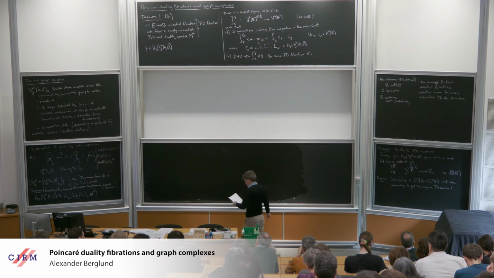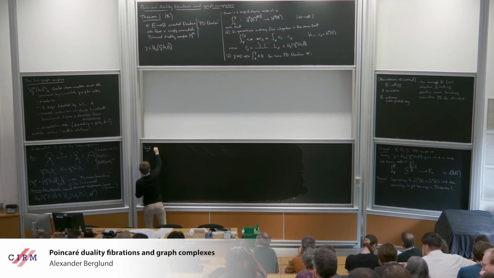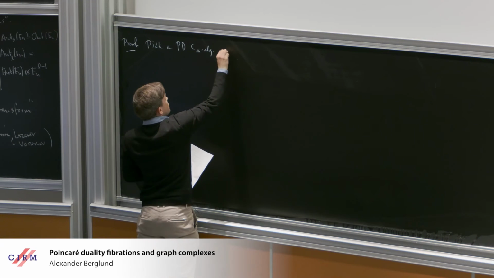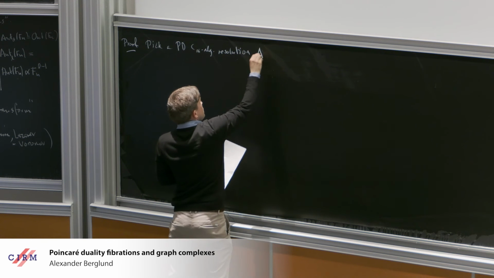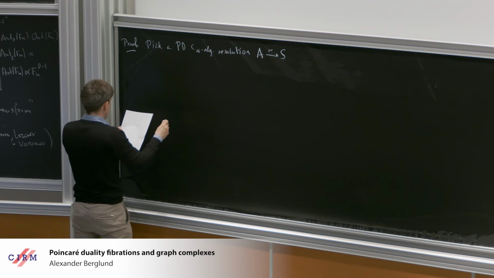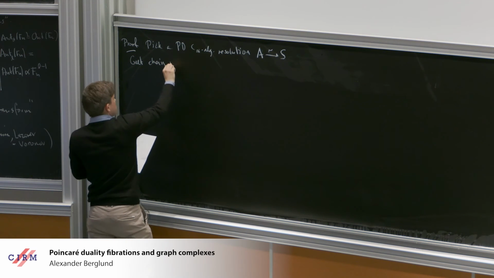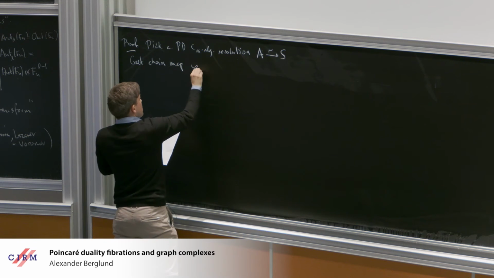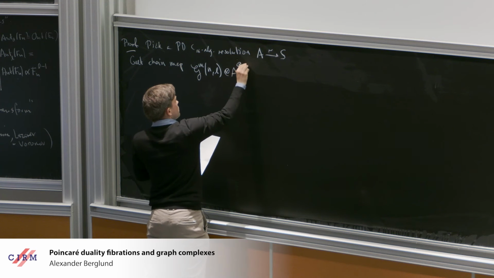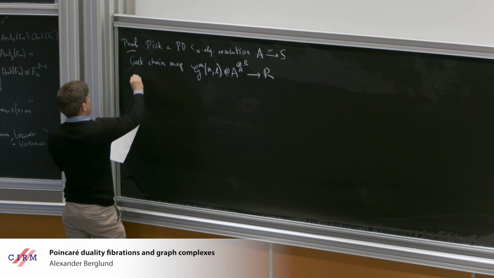Okay, so the proof is basically you pick a Poincaré duality C infinity algebra resolution of S over R, and then you get a chain map by borrowing Kontsevich's idea of these, he calls them partition functions. So you get a chain map from the graph complex like this.